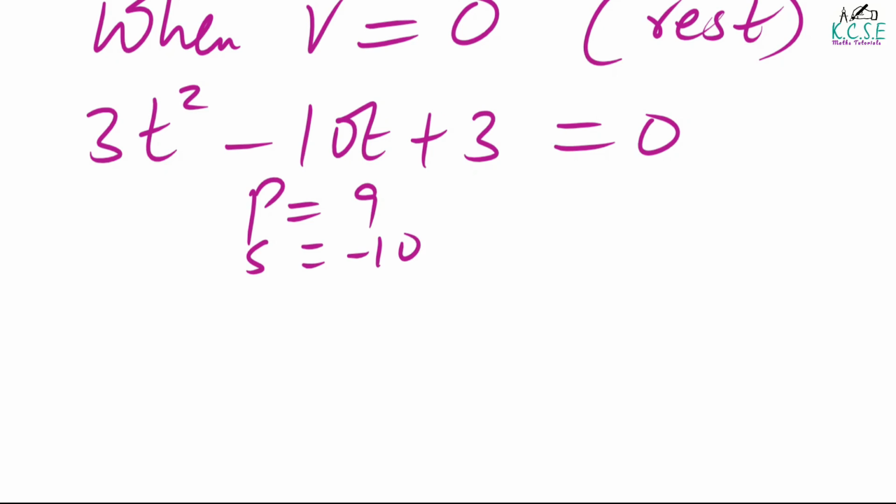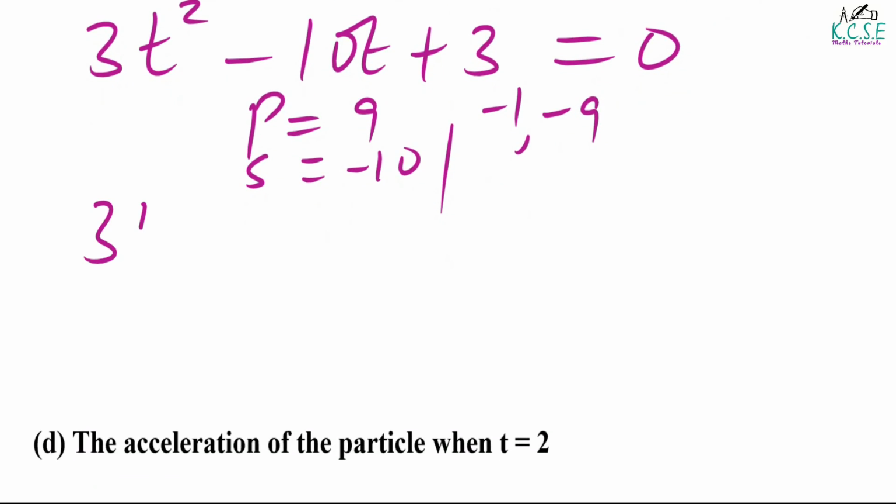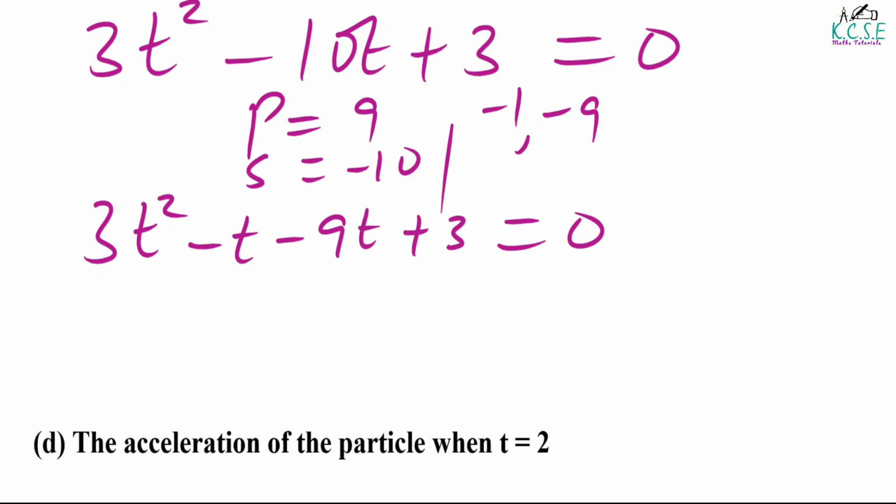When you work these out, the numbers would be -1 and -9. I think that is okay. So we have 3t squared minus t minus 9t plus 3 equals 0.